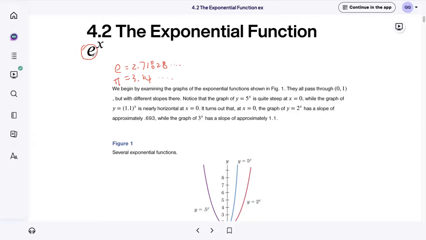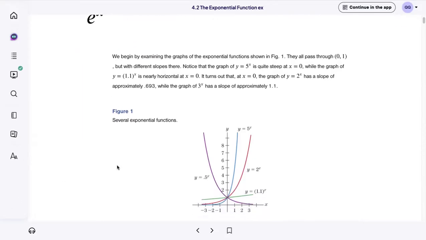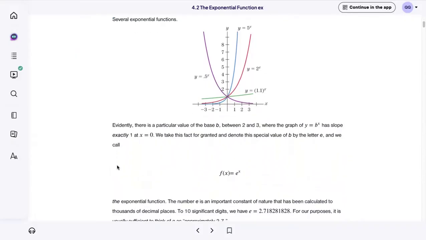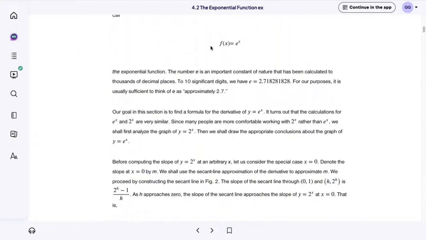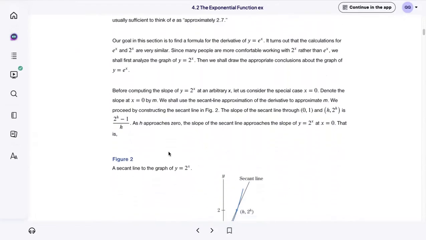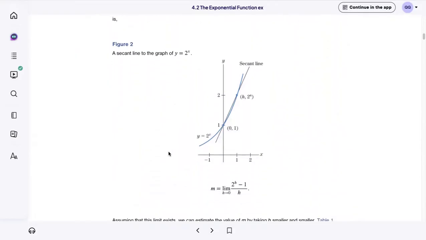So whenever we see e, we think that's about 2.72. You can just give a rough approximation in your head. Now we'd like to talk about e raised by x, like this. e raised by x, the exponential function.